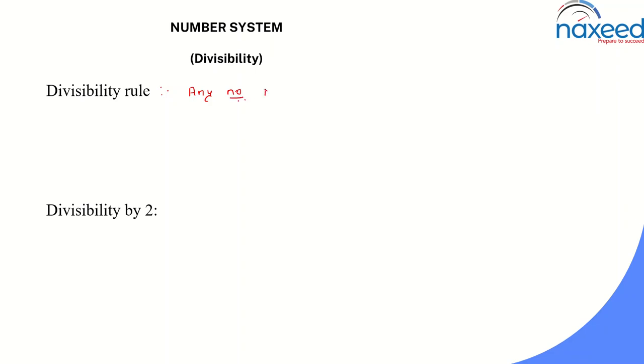for example, n is a number completely divisible by a number, take a, that is p, in such a way that there is no remainder. It is very important, no remainder.